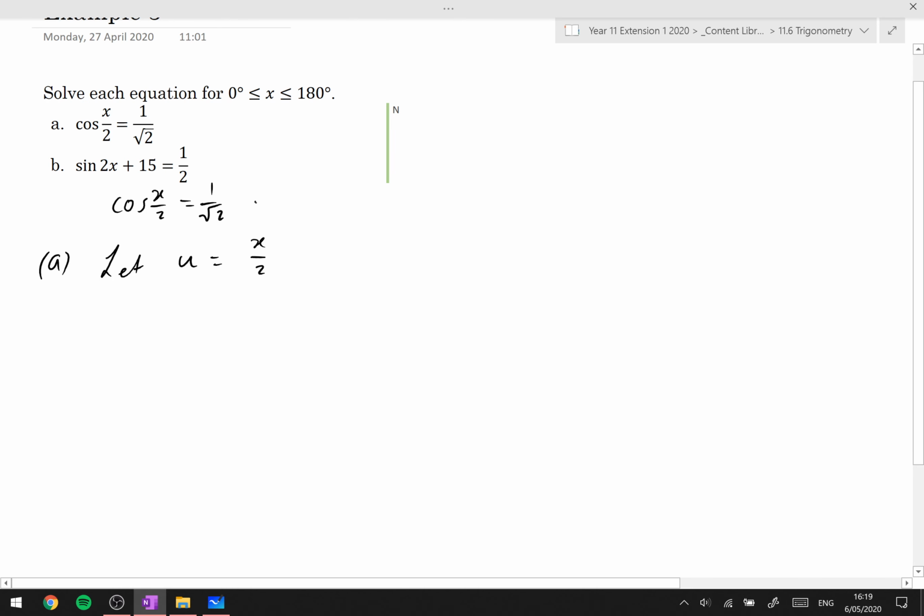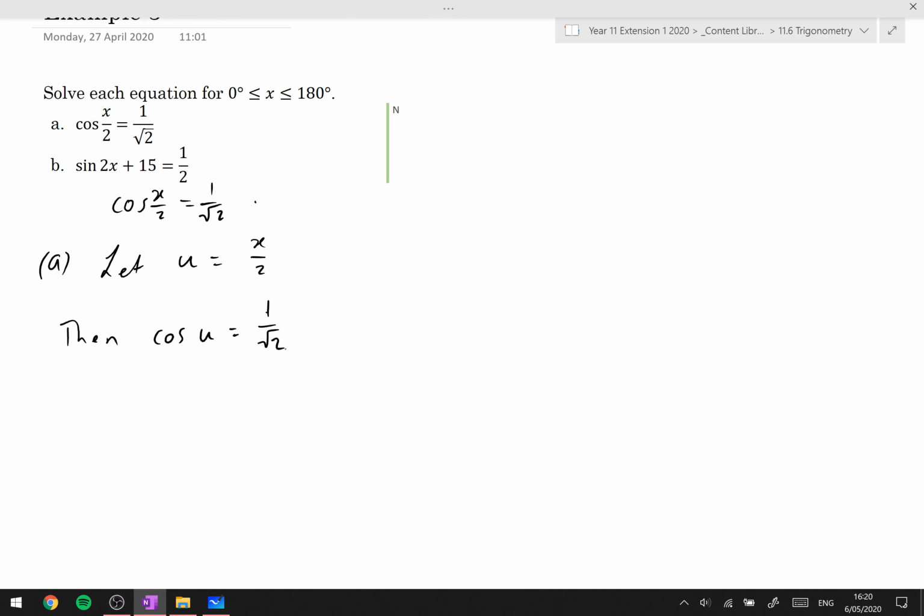So let u be equal to x on 2, which means that cos of u is equal to 1 on root 2. See how we've changed it from cos of x over 2 equal to 1 on root 2. We've just changed x over 2 to a single variable because we know what that's actually equal to. Then we're going to do that in a moment.